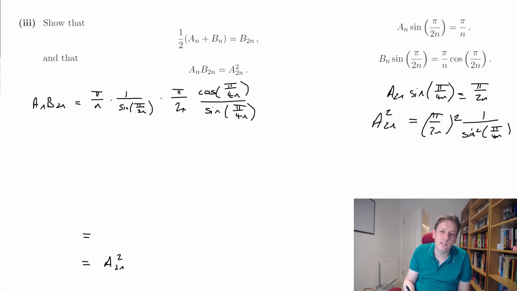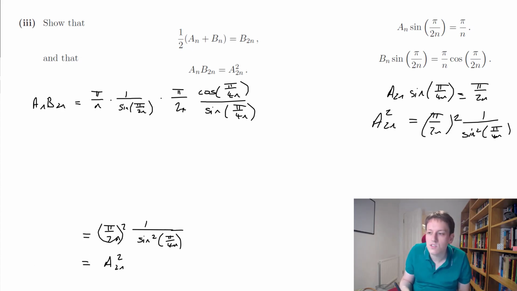So that's really what we're hoping to get at the end of this argument. And if you're stuck as to where to go with one of these, writing down a target like this is not a bad idea, because one thing I can see here is that I really only want to have things with pi over 4n in them.